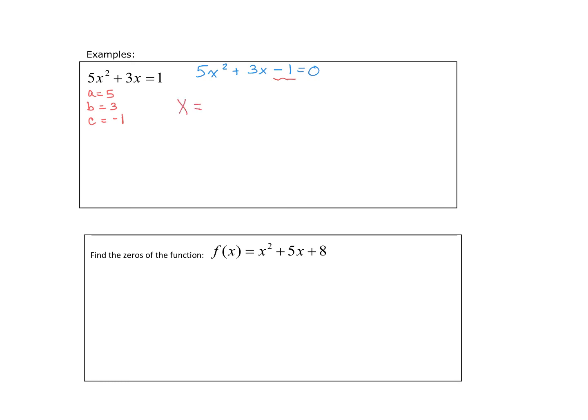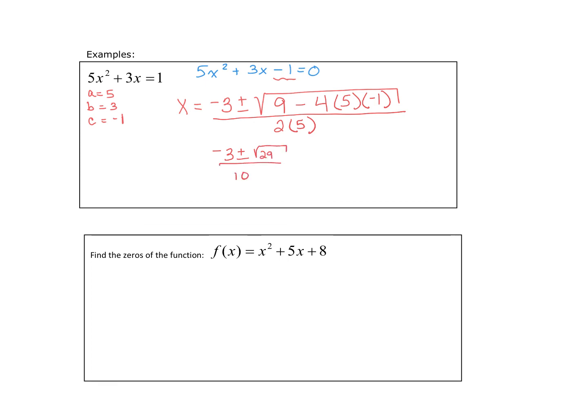So x equals negative b plus or minus the square root of b squared minus 4 times a, which is 5, times c, which is negative 1, all over 2a, which is 2 times 5. And then we simplify. So negative 3, this becomes 9 plus 20, so the square root of 29, all over 10.